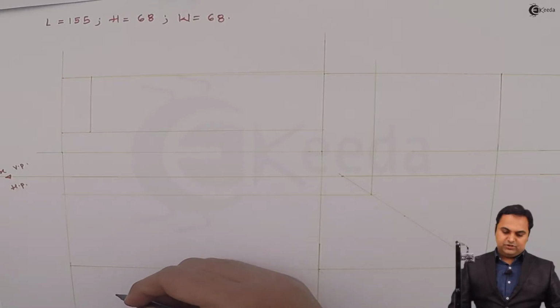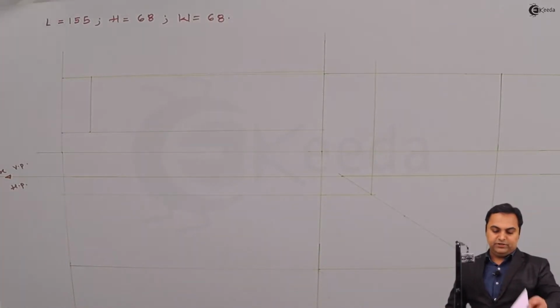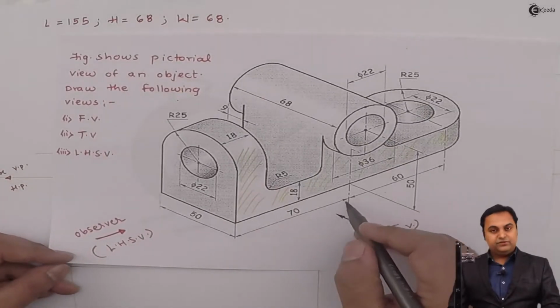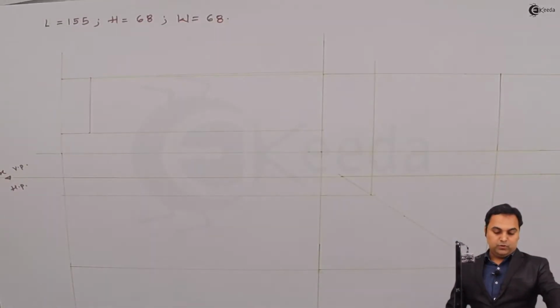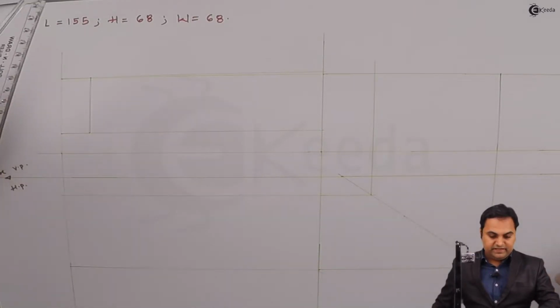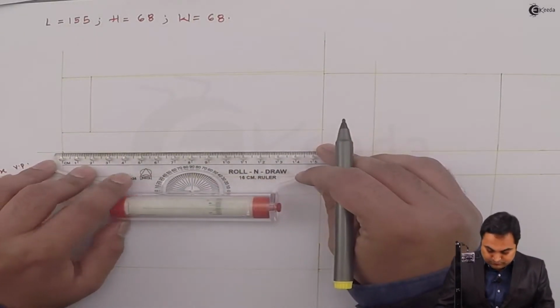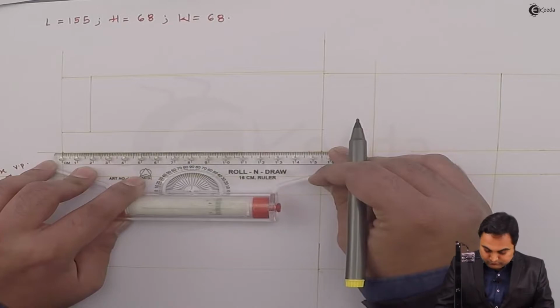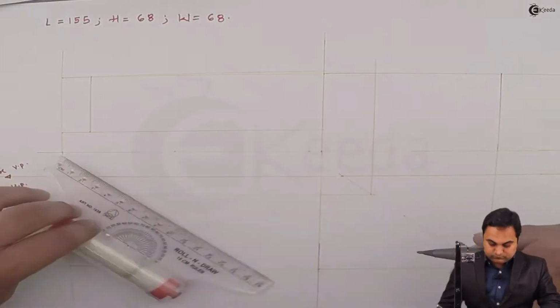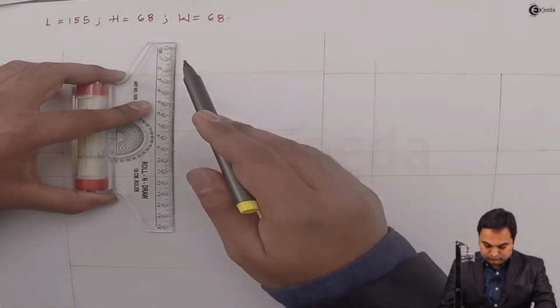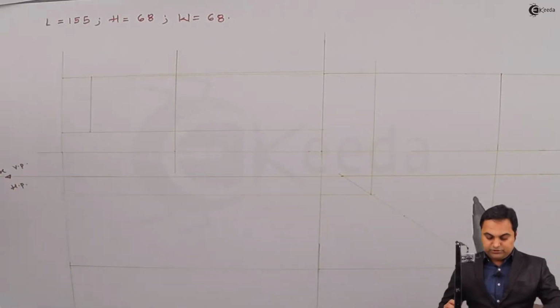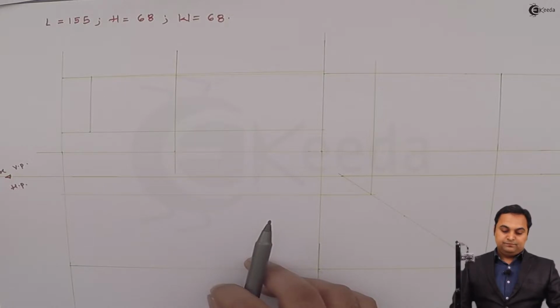Then next, when we are looking from front, here after the 70 mm length there is this center, so marking the length as 70 mm, and projecting a light vertical line.